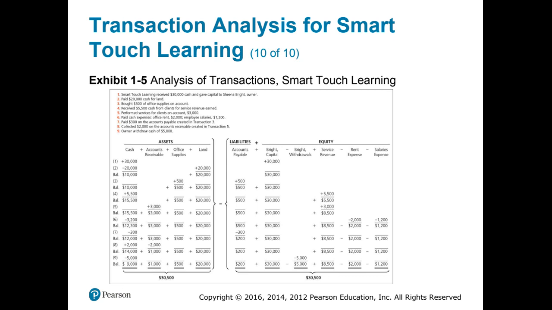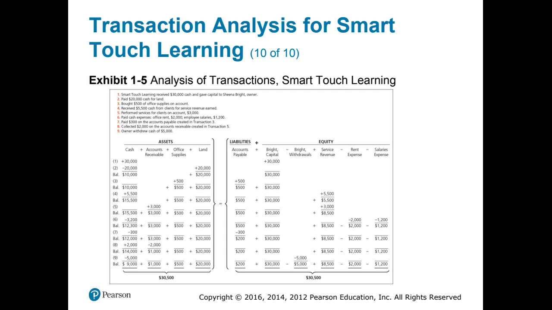All right, so transaction analysis. This is just showing us all of the transactions that took place. So all of the transactions that we have talked through, this is just showing us everything here. This is also a good reference to go to when you are performing your work.